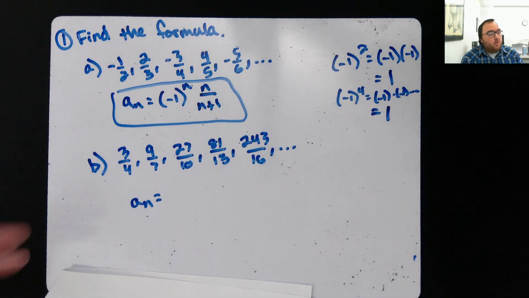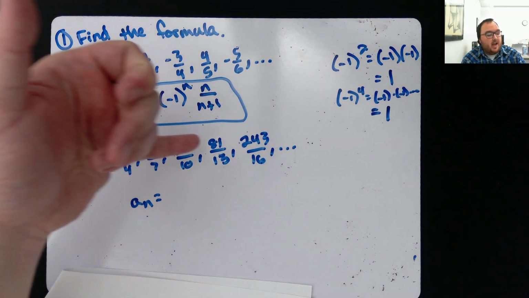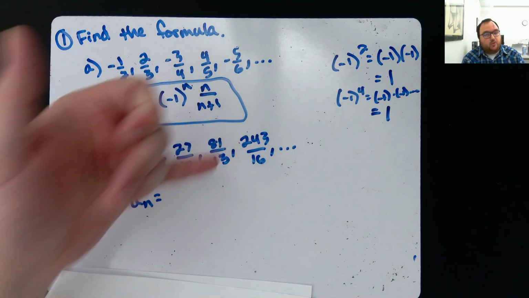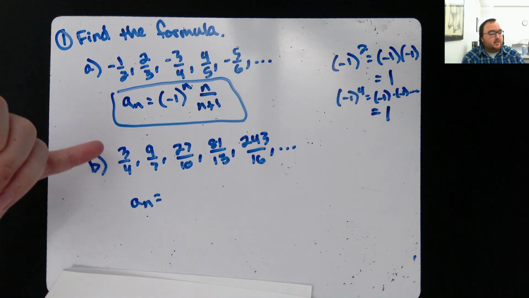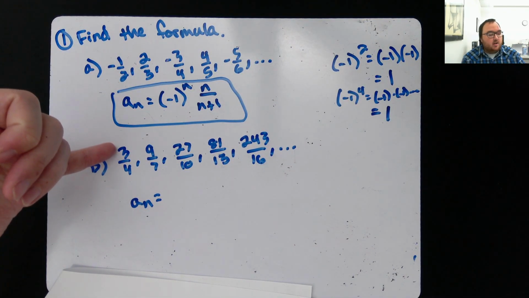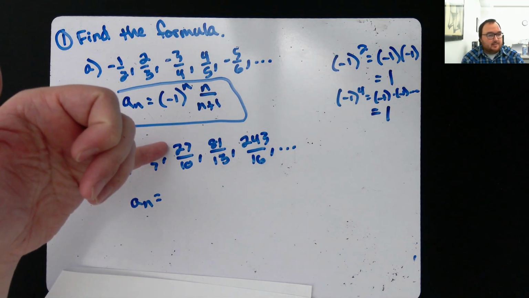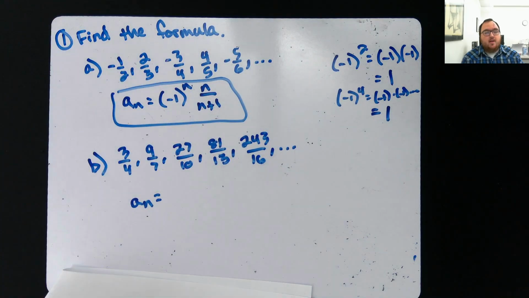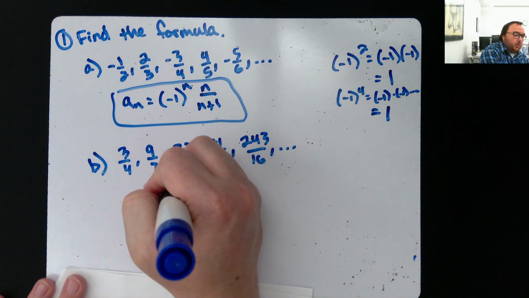So now, notice on top, I have 3, 9, 27, 81, 243. What do all of those have in common? All of those are power of 3. 3 to the first is 3. 3 squared is 9. 3 to the third is 27, on and on and on. So the numerator is going to be a power of 3.